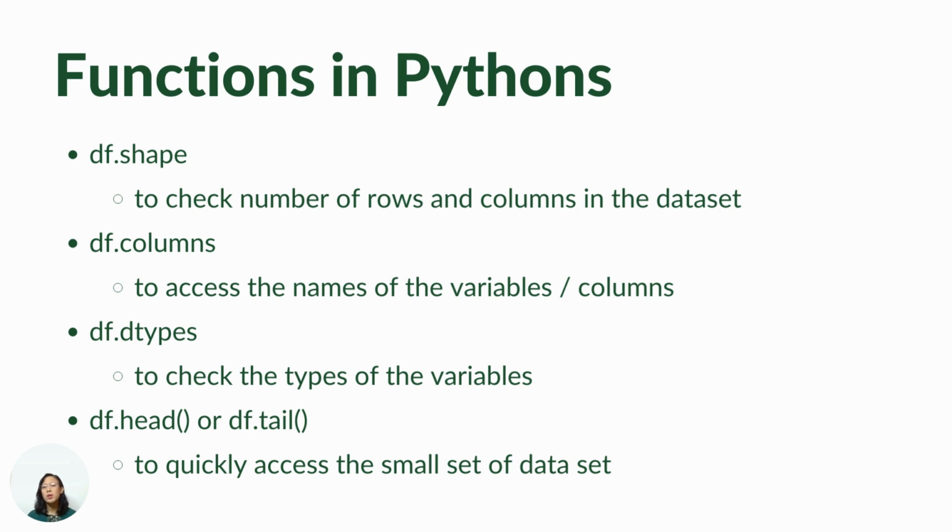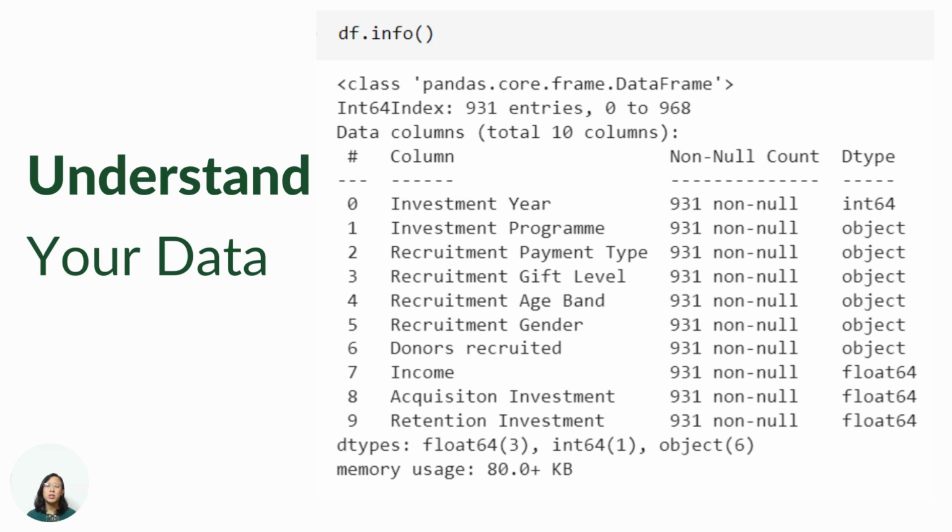This is very useful, especially when you have a very large data set. Next, we also can use df.info to summarize your data set. If you call df.info, it will give you the number of rows, number of columns, which are variables, what are the column names, and what are the data types in one line.